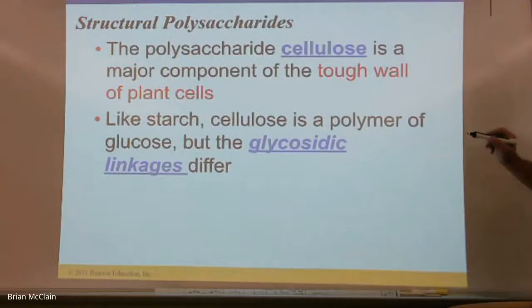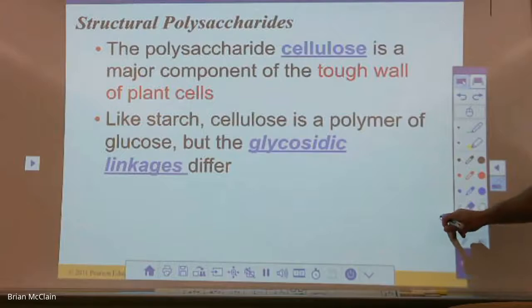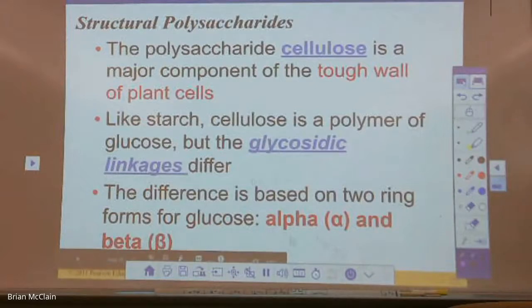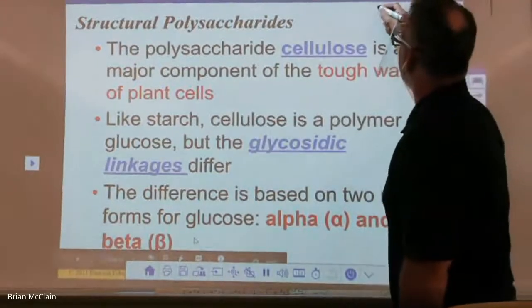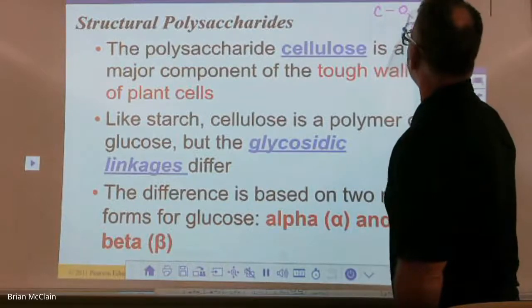So if I were to look at a carbohydrate, for example, if we looked at glucose, it mentions here that there's two different forms of glucose. There's alpha and beta. So on this side of the glucose molecule, you've got this kind of orientation.